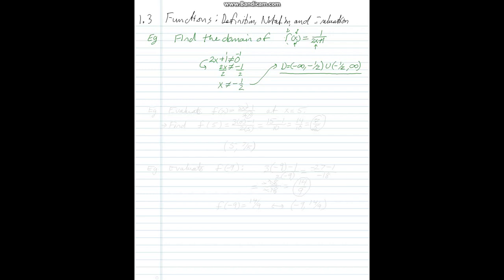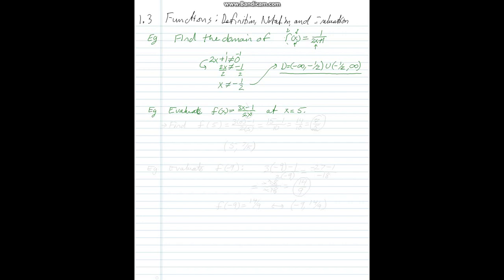So to see how that would work, let me evaluate another rational looking function, f of x equals 3x minus 1 over 2x, at x equals 5.